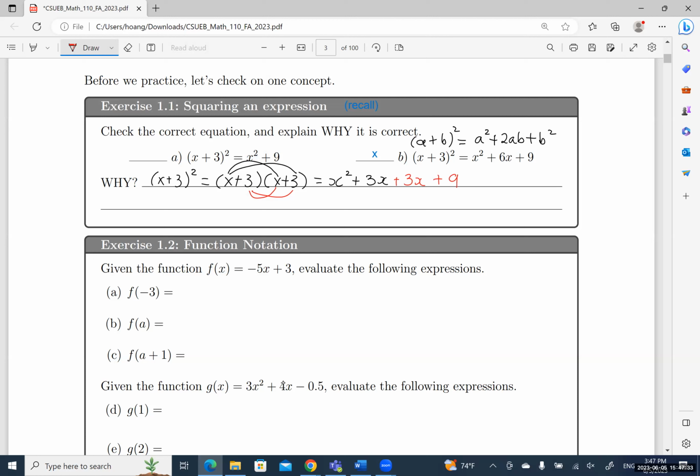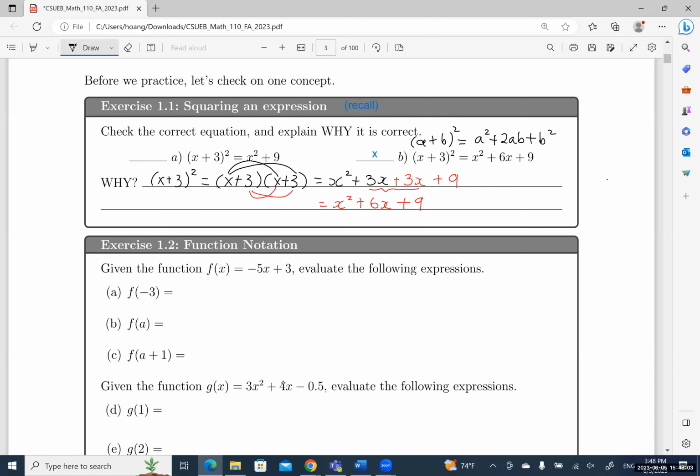So you're going to combine like terms, and you see the 3x with the 3x here can be combined, and you got x squared plus 6x plus 9 as the answer. And that's the reason why answer B is the correct one.